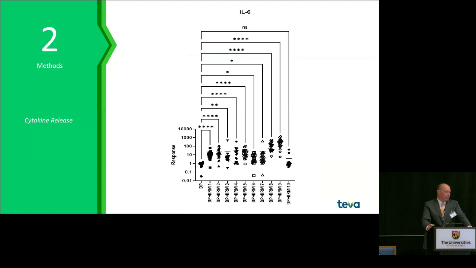So here you can see how we first analyze to make sure that our assay is working. In this case, on the far left side of this graph, you see the drug product, and then across the bottom, moving to the right, is the drug product in the presence of each of our example ERMEs. And what we're looking for here is that we should see an increase in response when the example ERME is present.